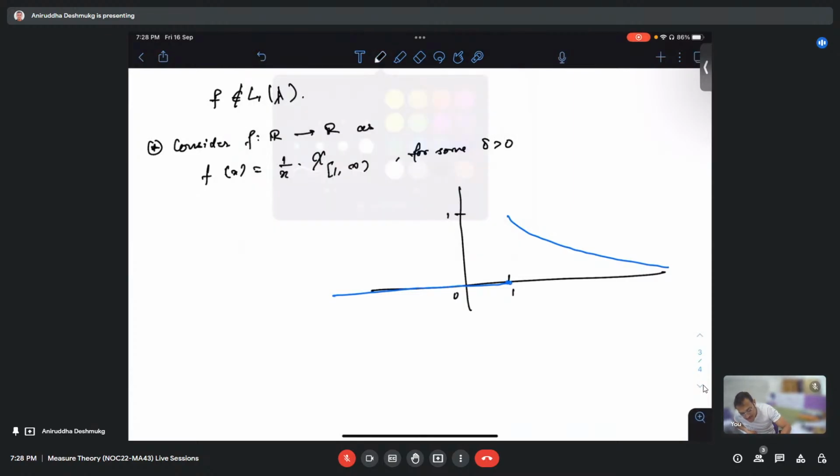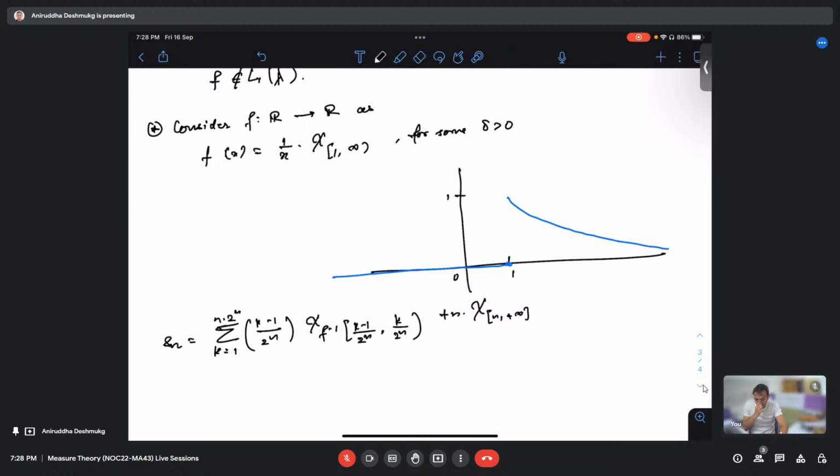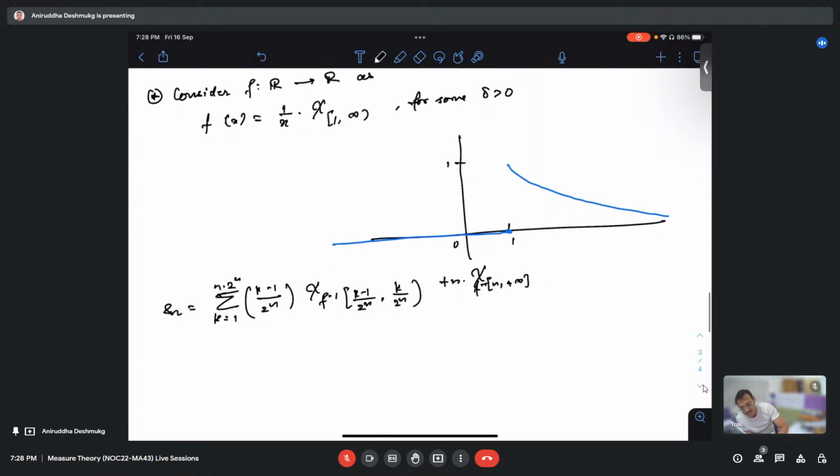So now if I approximate using simple functions, notice that this is a bounded function. So again, by definition, it is the sum of n into 2 to the power n, k minus 1 by 2 to the power n, chi of the pre-image of k minus 1 by 2 to the power n to k by 2 to the power n, plus n times chi of n to infinity. Now, whatever n I take, the pre-image of n to infinity is either going to be a singleton set in the case when n is equal to 1, or otherwise it is going to be empty.